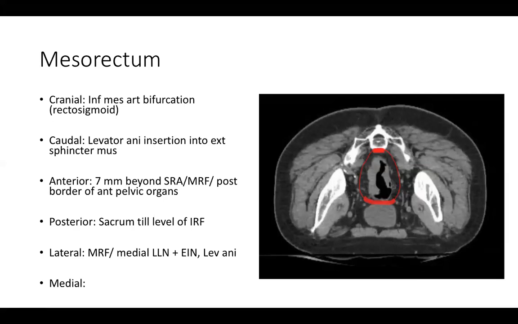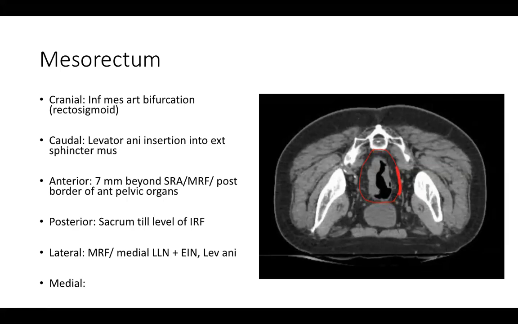The posterior boundary would be dependent upon the sacrum, and they have incorporated the presacral area wherever the mesorectum starts. So presacral as such is not delineated in its entirety. It's just part of the mesorectum level.